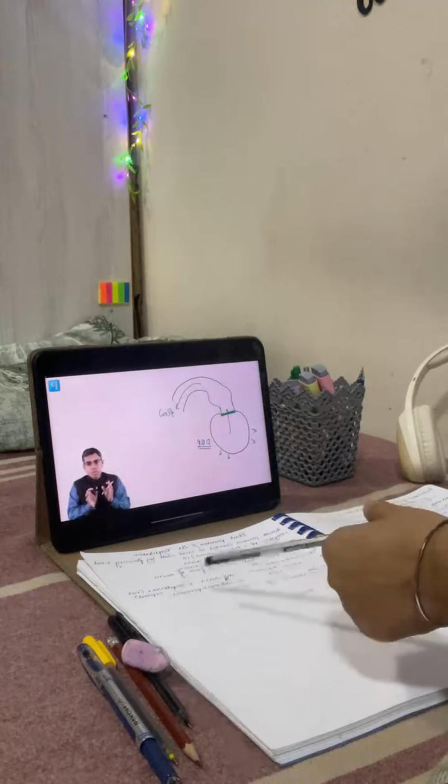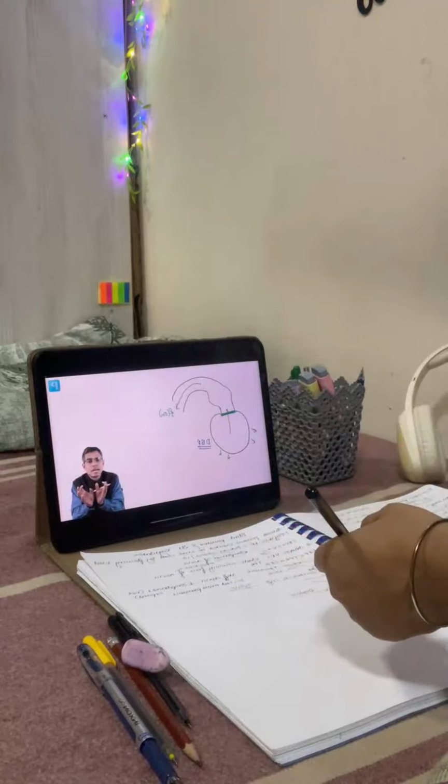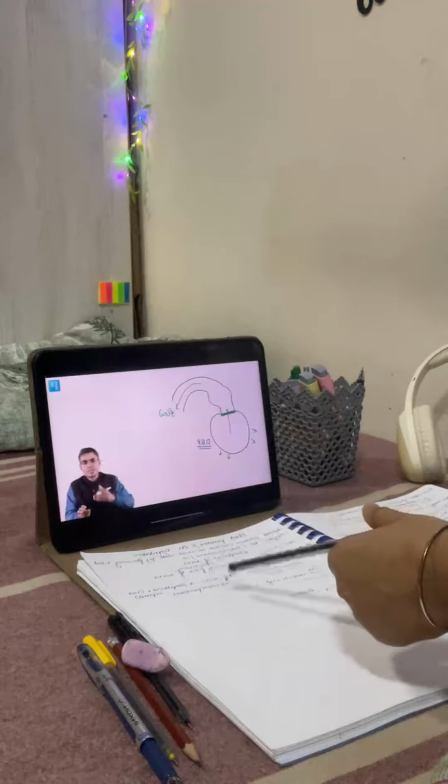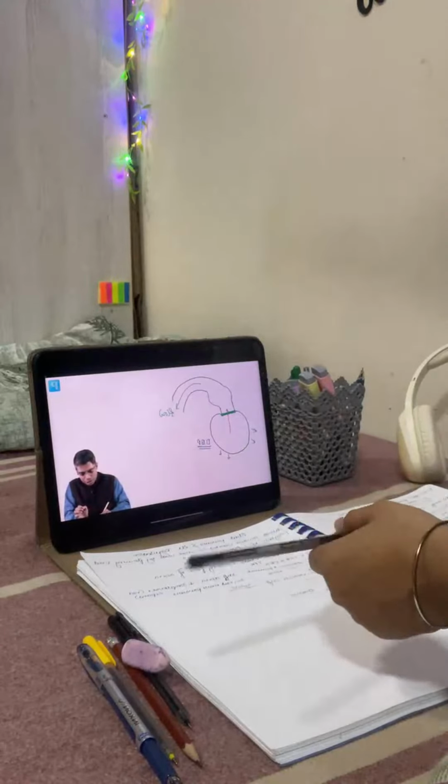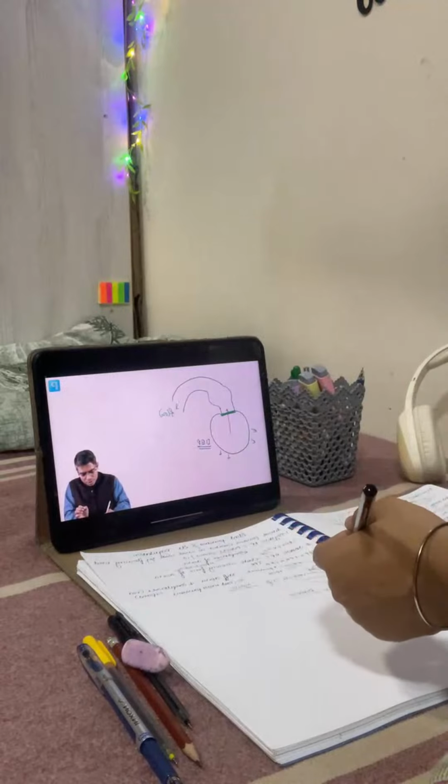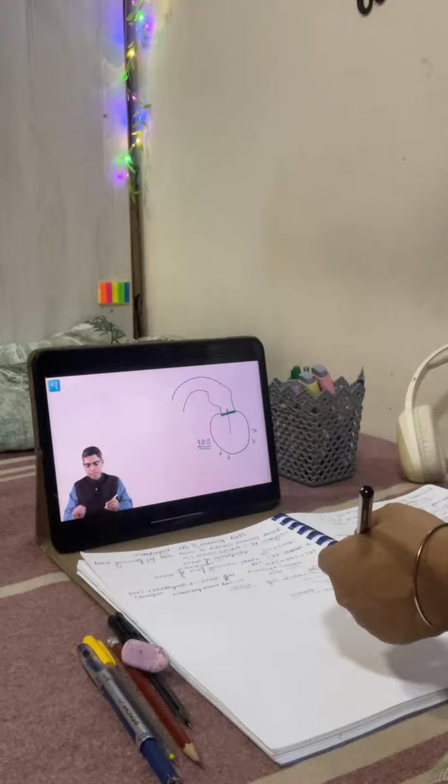So the question is, who is pushing the blood from behind so that there is continuous flow even during diastole? Getting my point? That is the biggest question. So during diastole, somebody is pushing the blood because of which the constant blood flow is maintained.